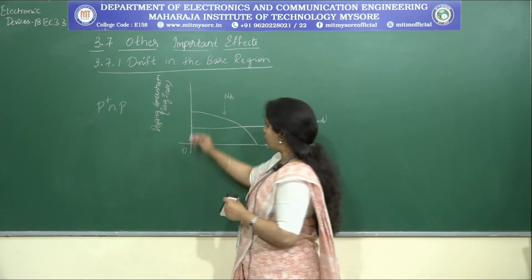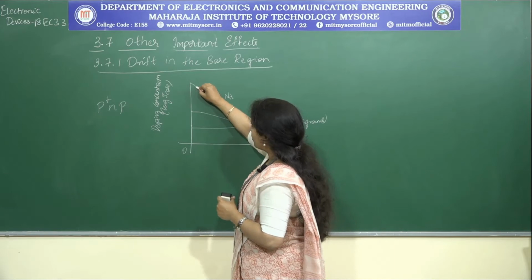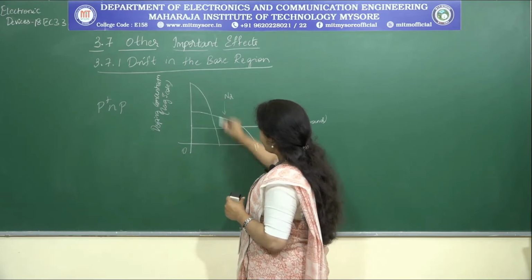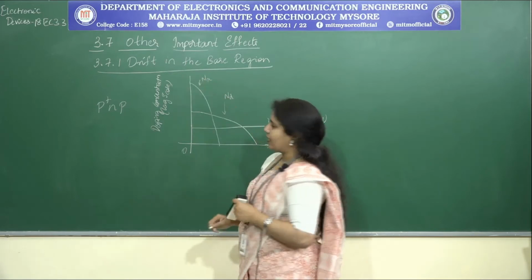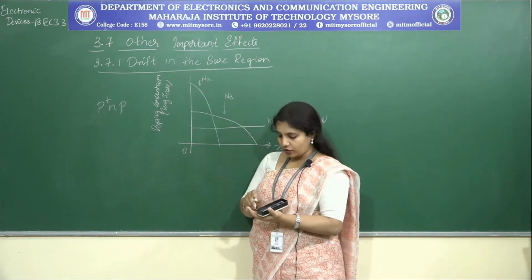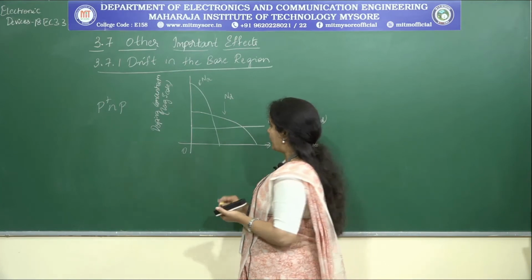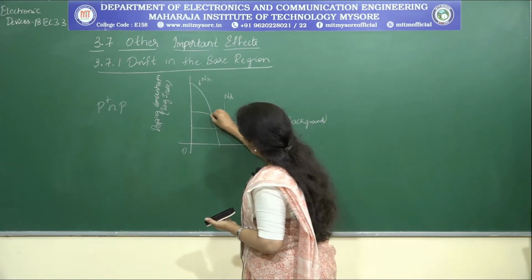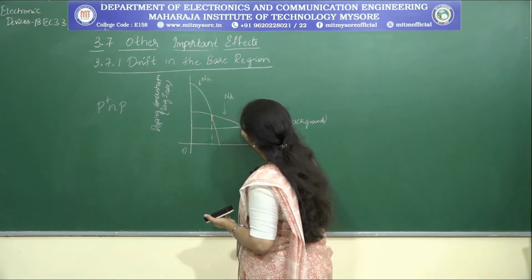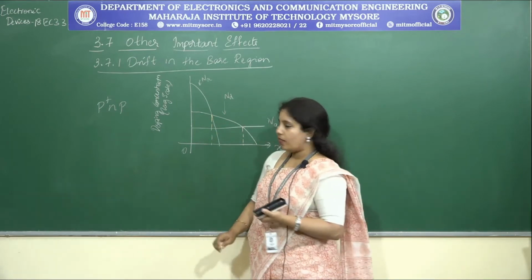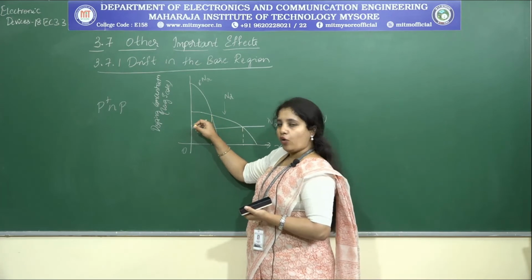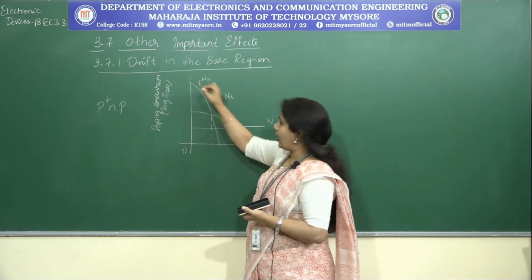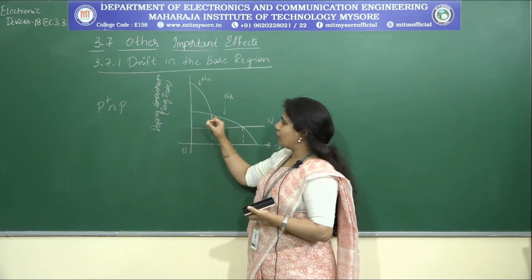Then I will further put up some amount of acceptor doping into this, and let me represent this as Na. Now please be careful and try to understand. I will mark certain points here. Now when you see this particular region, out of the acceptor doping and the donor doping, which one is dominating?